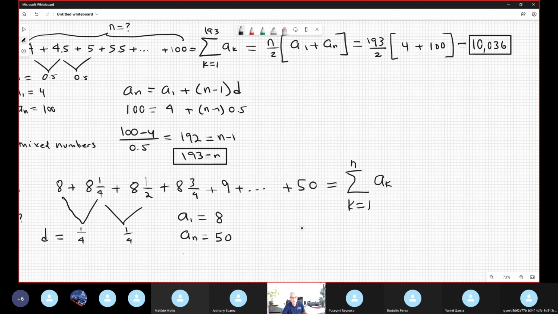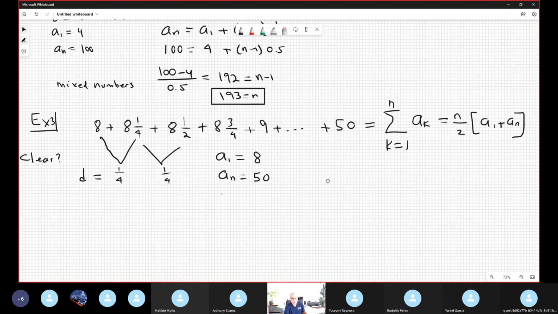I can find the formula for this. And this is equal to n over 2 bracket a1 plus a sub n. To find the number of elements, we use one more time the formula a sub n equals a1 plus n minus 1 times d. a sub n is 50, a1 is 8, plus n minus 1 multiplied by 1/4, 0.25 if you want in decimal.